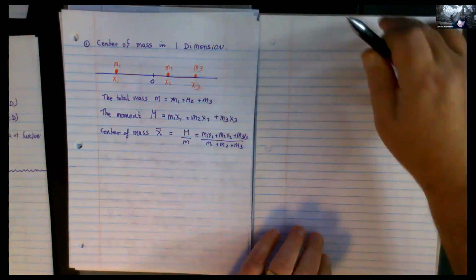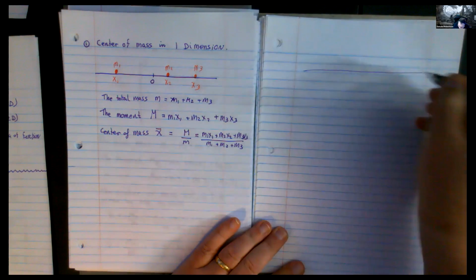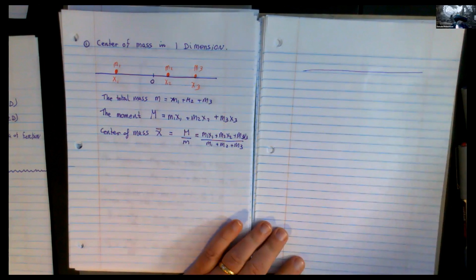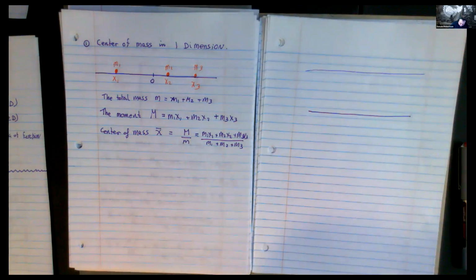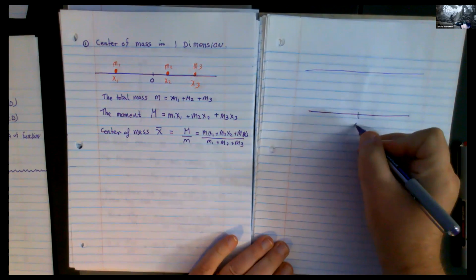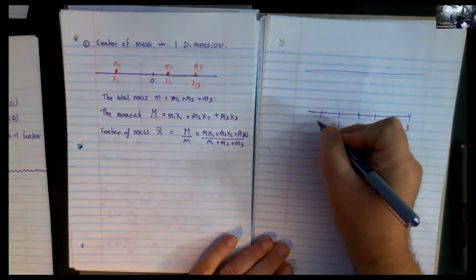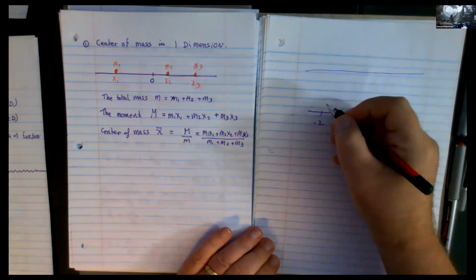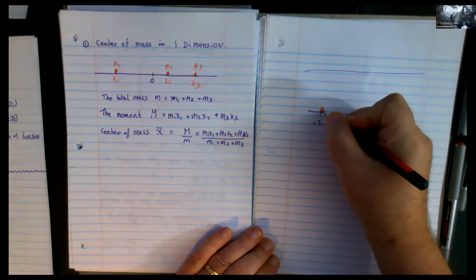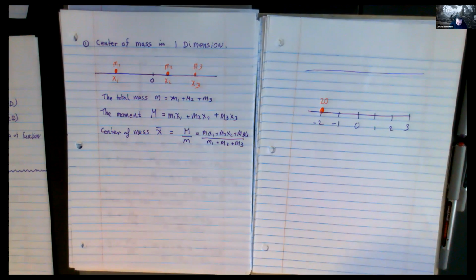Well, that's a very big picture kind of situation. So let me show you an example of that. All right, let's suppose we had this fella here. And I'm going to put at this point here an object that has a mass of 20, maybe 20 kilograms.